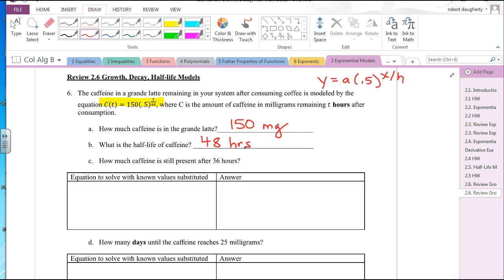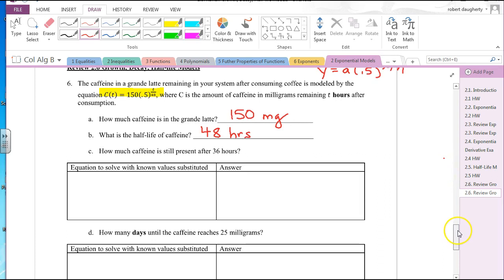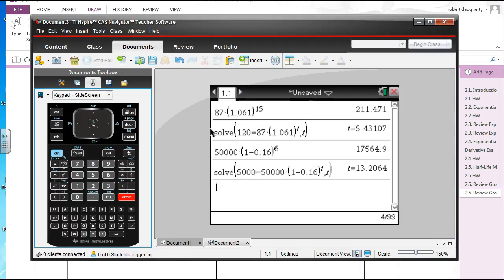How much caffeine is present after 36 hours? So that just substitute t equal 36. So that is going to be C is equal to 150 times 0.5, and this is going to be to the 36 over 48 power. And just go straight to my calculator with all of that.